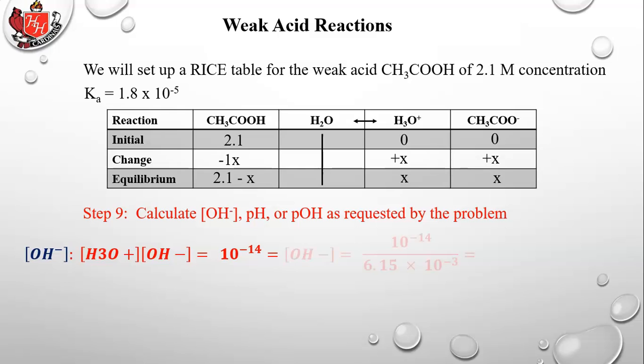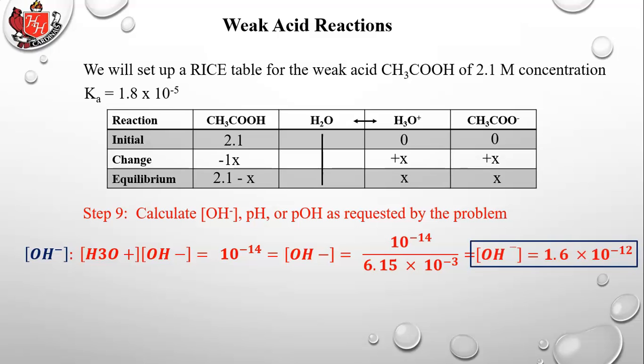So that means you're going to divide 10 to the negative 14th by the hydronium ion concentration that we calculated on the last slide, and that gives you a hydroxide concentration of 1.6 times 10 to the negative 12. Very, very small number, because this is really an acidic solution.